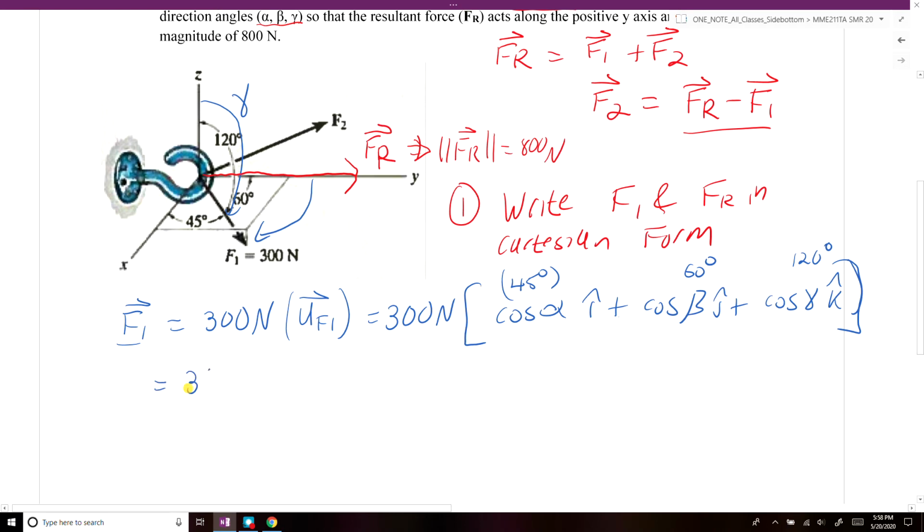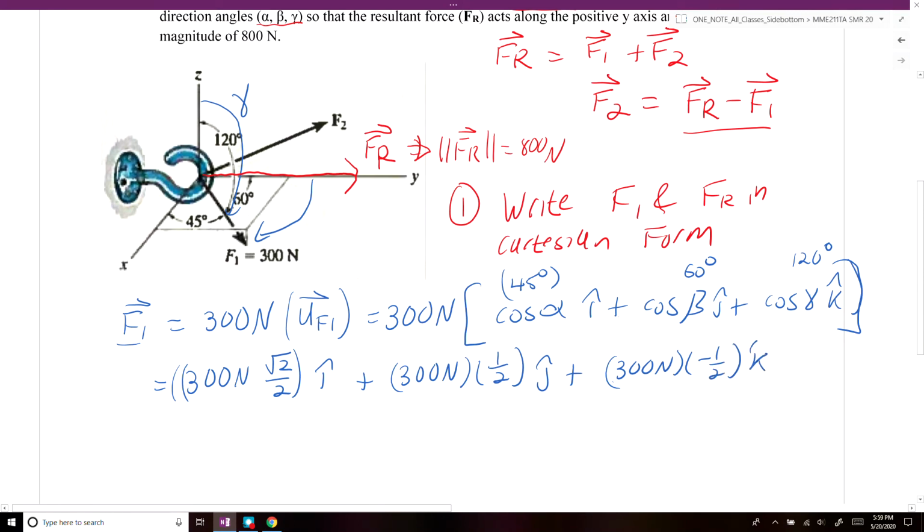So force 1 is equal to 300 newtons times the cosine of 45 degrees, which is radical 2 over 2, times i, plus 300 newtons times the cosine of 60 degrees, which is equal to 1/2, times the unit vector j, plus 300 newtons times the cosine of 120 degrees, which is equal to negative 1/2, k.